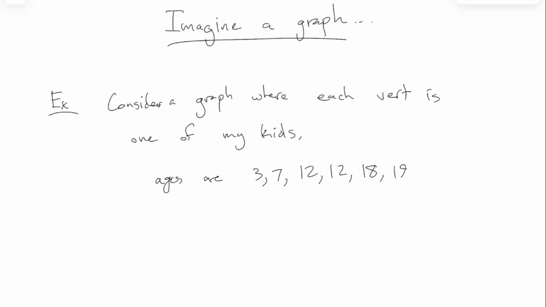This is not a true story. I have 2 kids, and 2 is plenty for me. All right, let's say each vertex is one of my kids, and these are their ages.